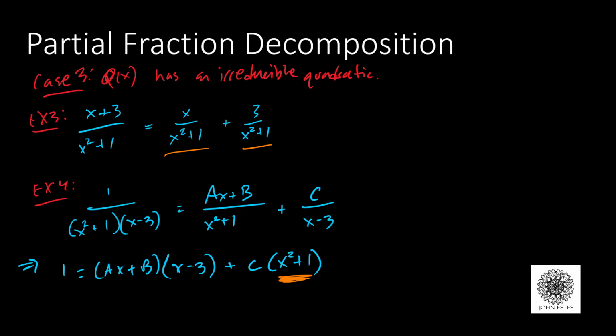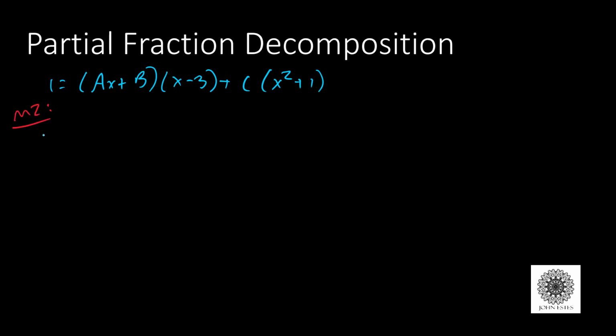So we have to go to method 2, and just give me a second. Let me write down that equation we're going to reference again. So again, that's 1 equals (ax plus b) times (x minus 3) plus c times (x squared plus 1). Now if I use method 2 and I look at first the quadratic terms, I have 0 on the left hand side, and on the right hand side I have ax squared and 1cx squared.